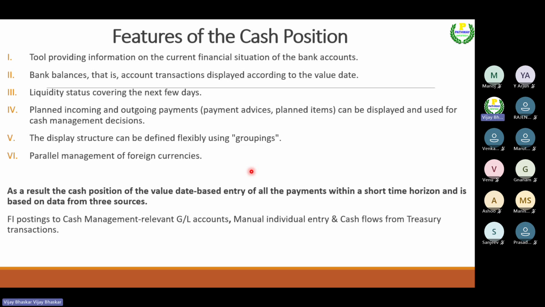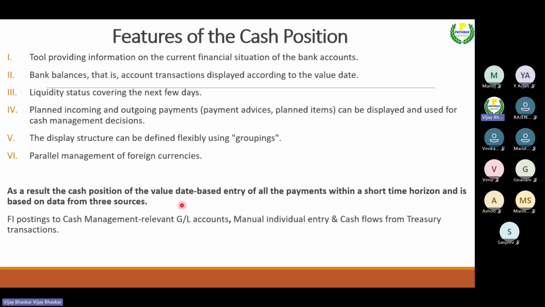Now coming to that, okay. As a result, the cash position is the value date based entry of all the payments within a short-term horizon, and is based on the data from three sources: FI postings, cash management relevant GL accounts. So meaning that these are all the FI postings which are related to your bank GL accounts. Now, manual and individual entry cash flow from the treasury operations.